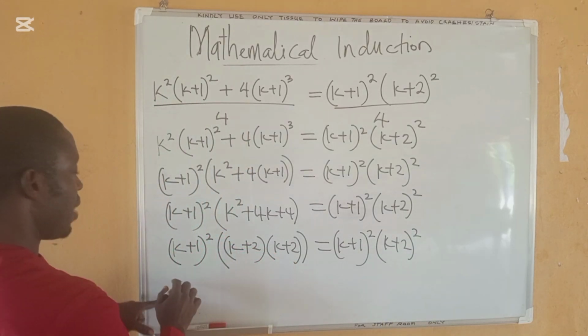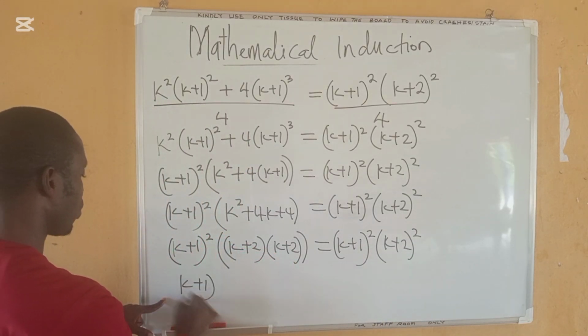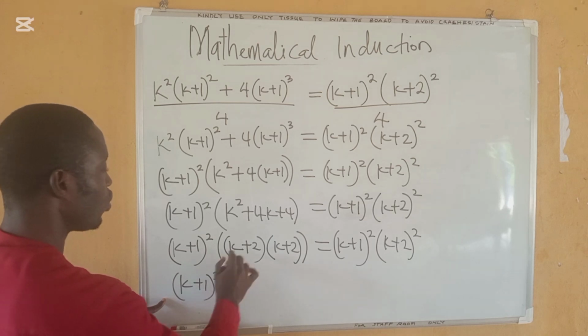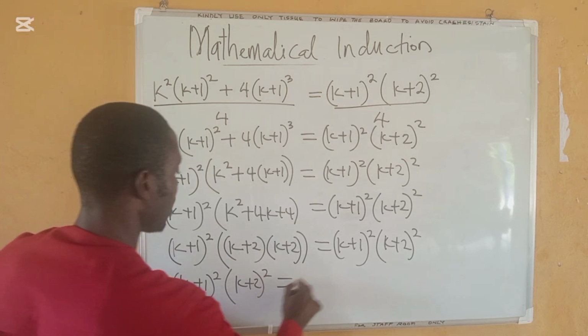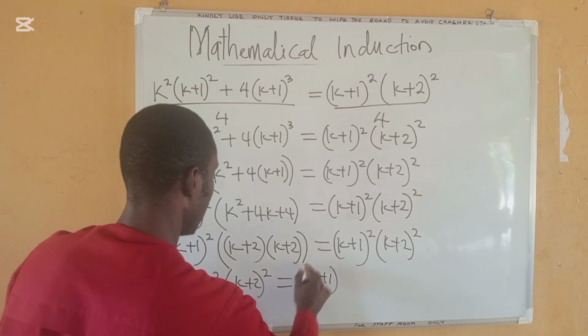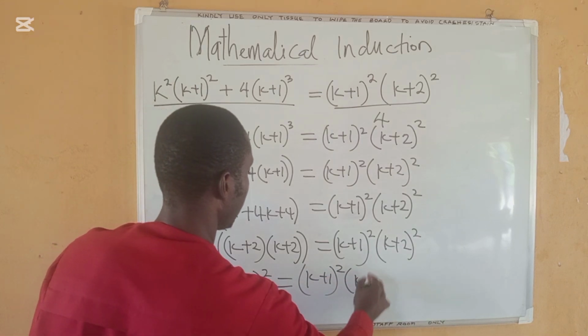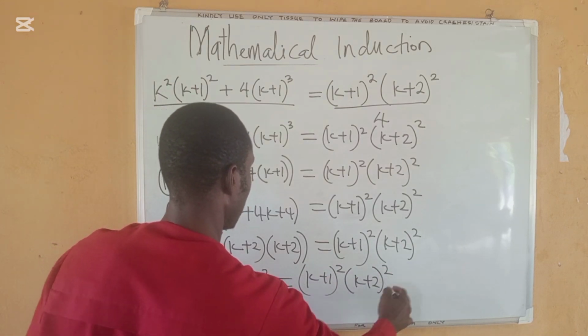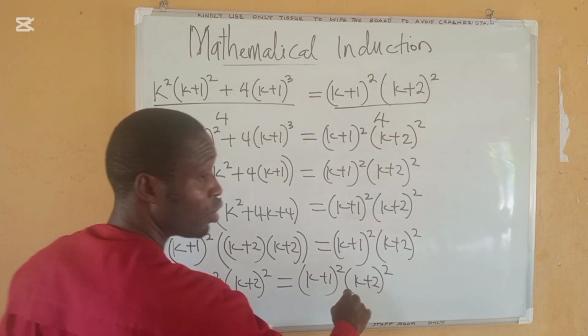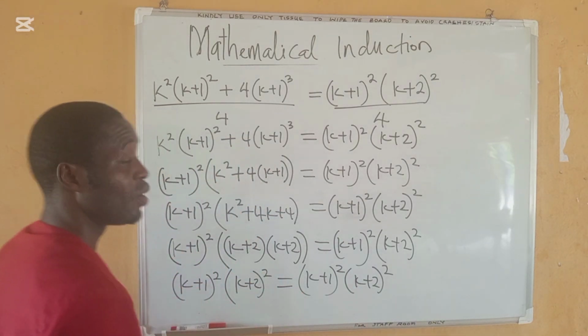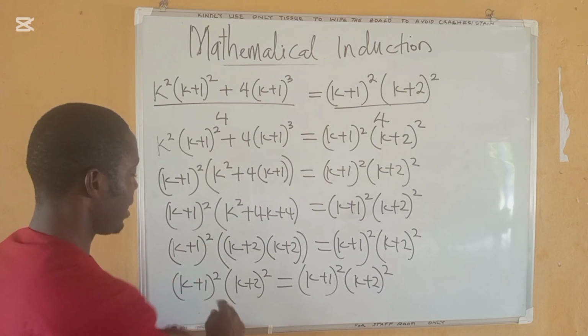So we have k plus 1 squared into k plus 2 squared, which is equivalent to k plus 1 squared into k plus 2 squared. From here, it is clear that the left hand side is equal to the right hand side, which is proved by the principle of mathematical induction.